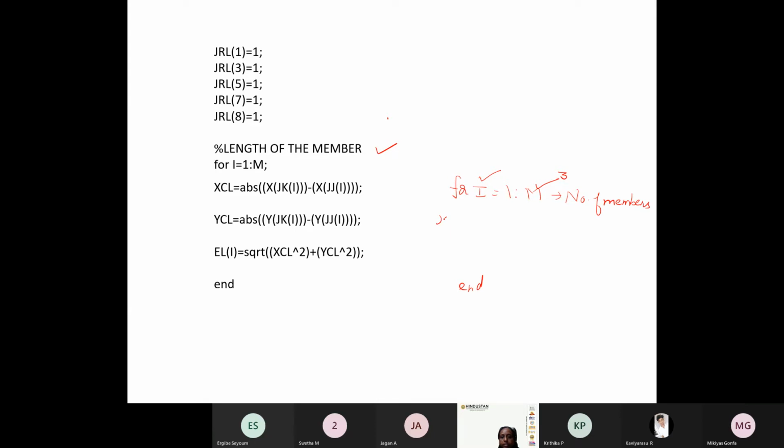XCL is equal to the absolute value of, what is j of k? j of k, this is 1. j of k is j of k of i. Now i is for the first member, so let us take m is equal to 1 now.